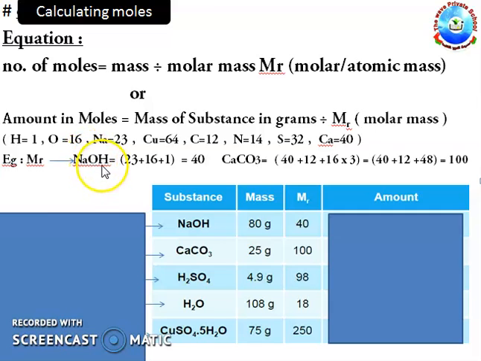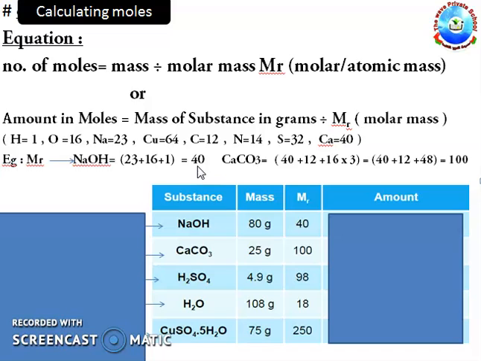For hydrogen, that is 1. Now see the calculation, 23 plus 16 plus 1, that is sodium plus oxygen plus hydrogen, that equals 40. So the molar or atomic mass of NaOH is 40. Got it?